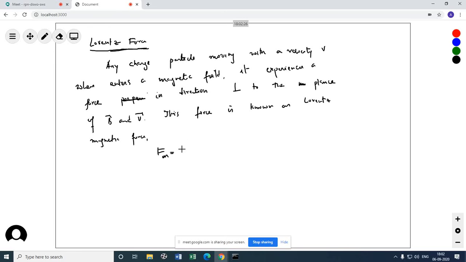Fm is equal to BQV sine theta, or we can write this as Fm equals Q V cross B, cross vector. Again it's a cross.